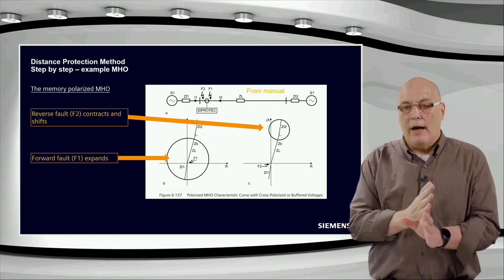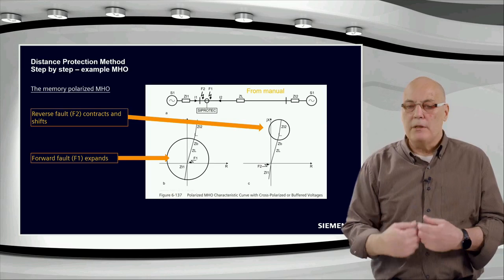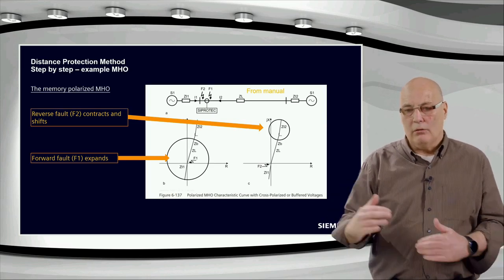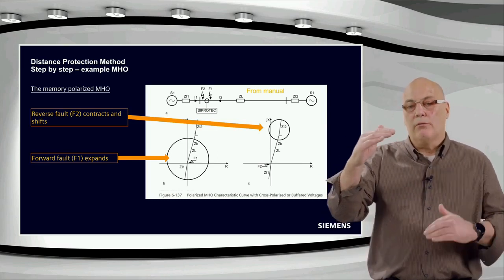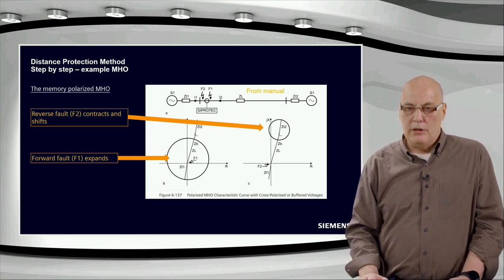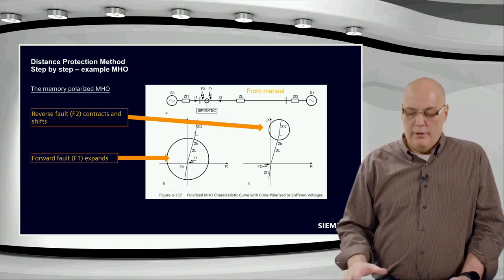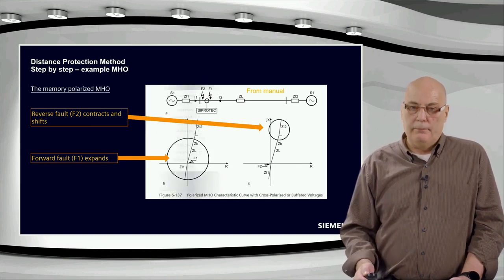Remember we have the IZ, through a replica impedance, that will change its direction, and that means that during forward faults you will expand, during reverse faults it's the opposite direction. You get a shrinkage due to the polarization. So you get a very dependable directional criteria with the polarized Mohs circle.